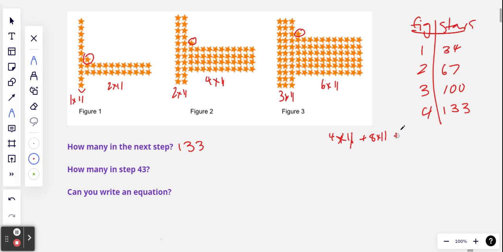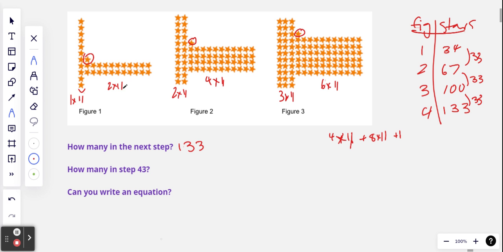So let me add the plus 1 here. All right, now let's go ahead and analyze these numbers because I think you may find this a little bit surprising, perhaps. So 67 minus 34, that's 33. And 100 minus 67, 33. And 133 minus 100 is 33. We've got a constant in our first set of differences. That means this is a linear pattern.